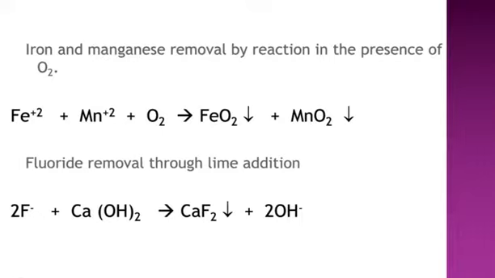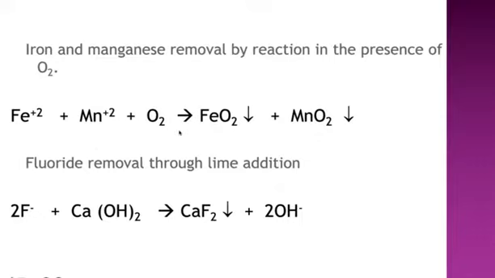In this way, our product will be iron and manganese removal by reaction in the presence of oxygen. So we have there the presence of iron and manganese in the water, and we add oxygen into this wastewater.